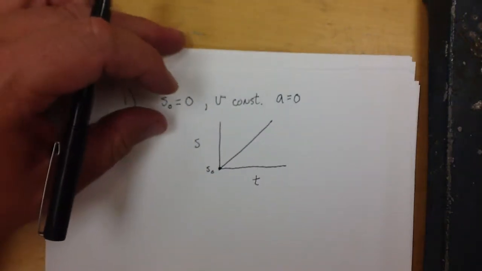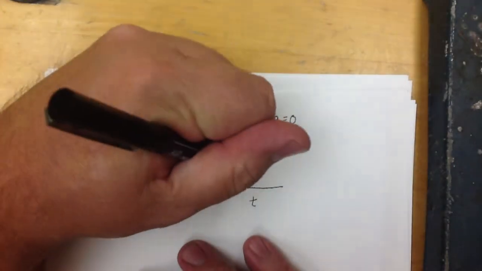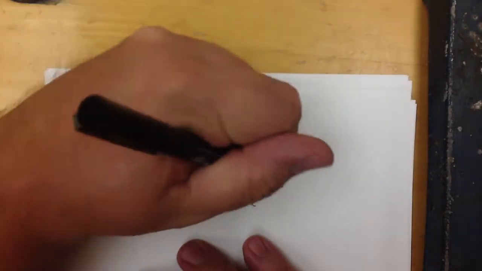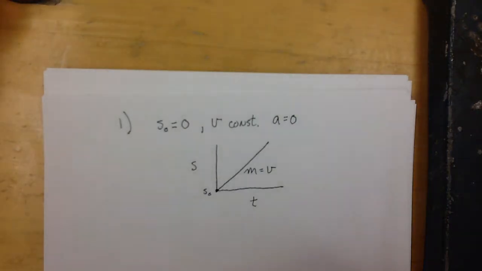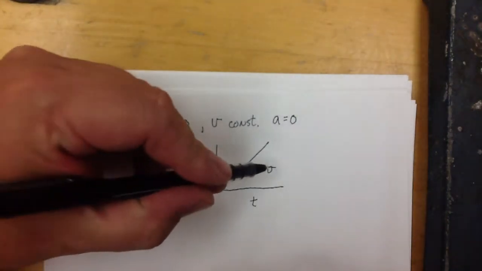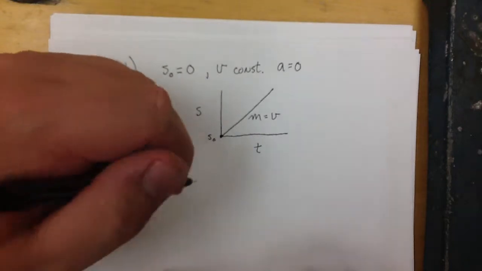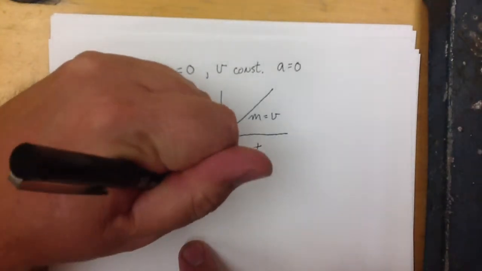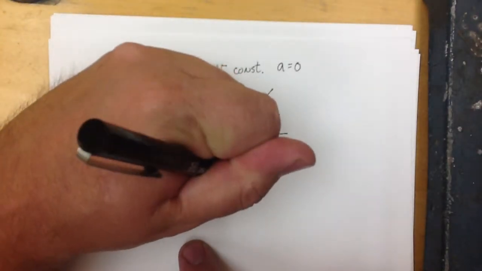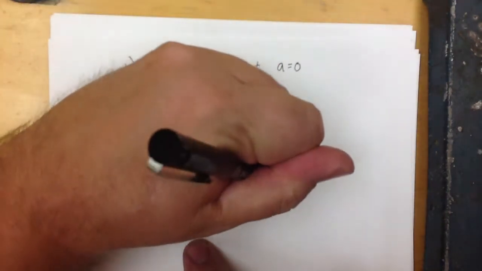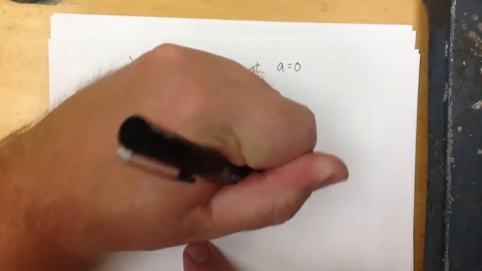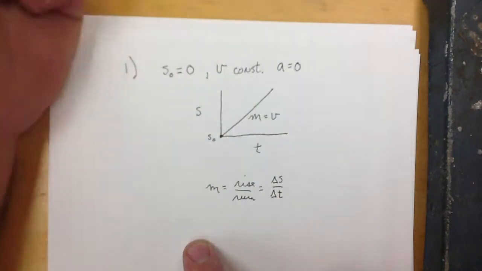So how can we get equations from this? Well, we already know that the slope of this line is equal to the velocity. So if we use the equation for slope, we can develop the equation for velocity. Slope is equal to rise over run, and in this case, the rise is the change in position over the change in time.